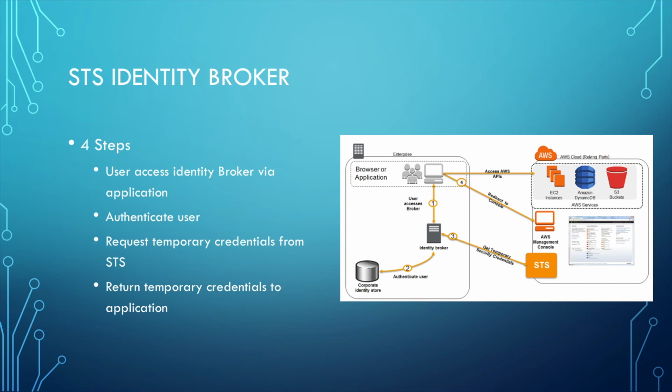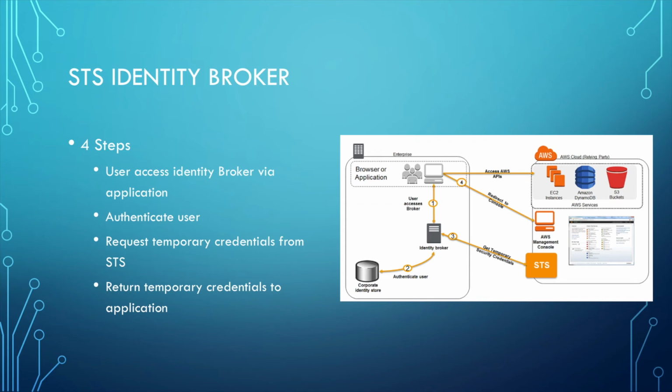To build an integration or a system, we can use the STS identity broker. We already know that within AWS services, we can use STS to assume a role. So if we want to use some clients to authenticate to access the AWS services, we can use the STS identity broker. There are 4 steps to do it.